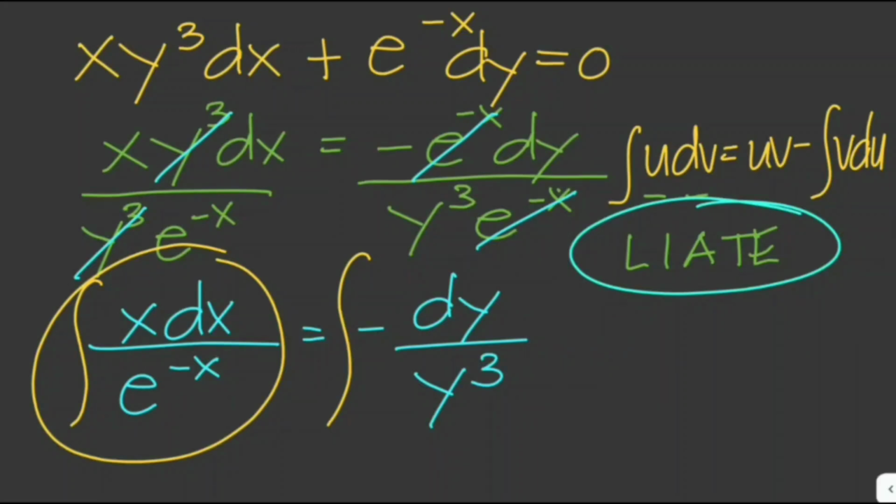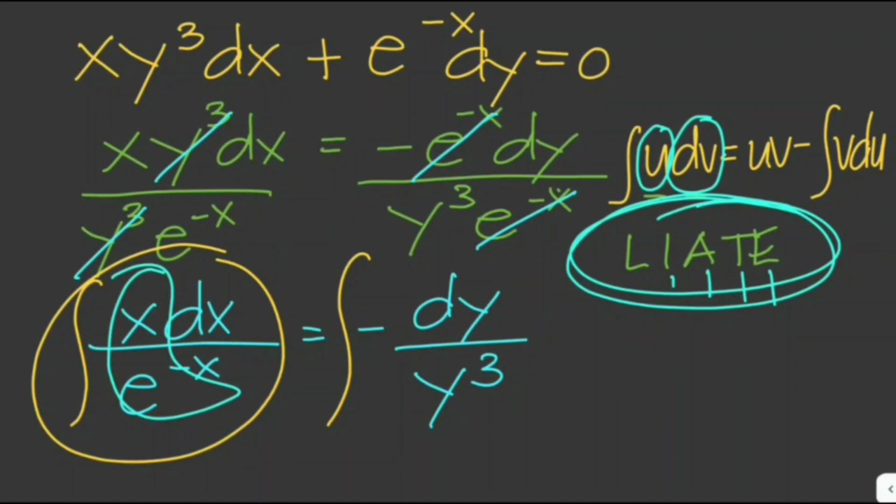We use this for choosing the value of u, or which one of these is u. L stands for logarithmic functions, I for inverse trigonometric functions, A for algebraic functions, T for trigonometric functions, and E for exponential functions. And in choosing dv, we would use the opposite. So this is the priority order of preference for choosing u.